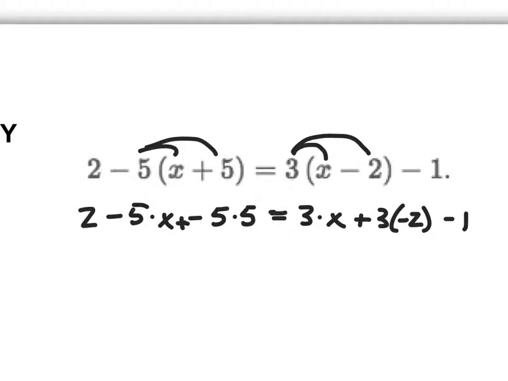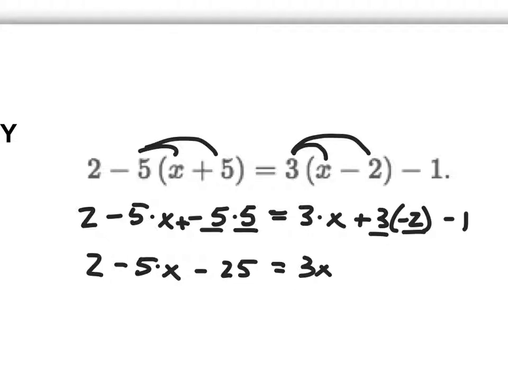Let's do the math here. I've got 2 minus 5 times x, and then negative 5 times 5 gives me minus 25. This is going to equal 3x. 3 times negative 2 gives me minus 6, and then minus 1. Now I can combine like terms. I have 2 minus 25, which gives me negative 23.